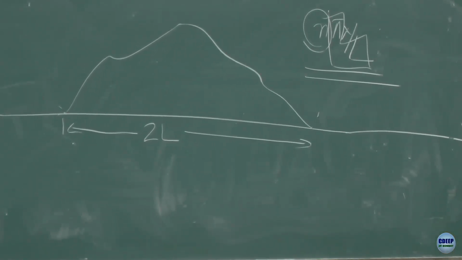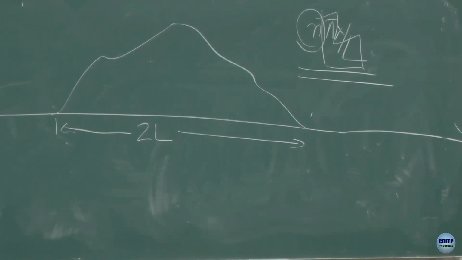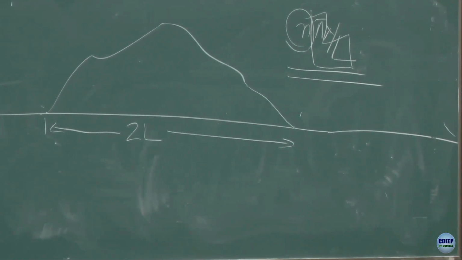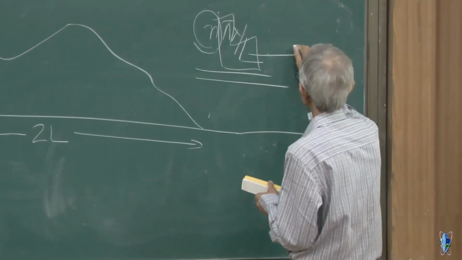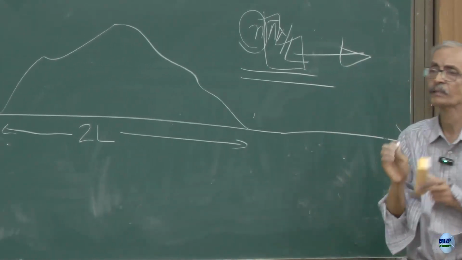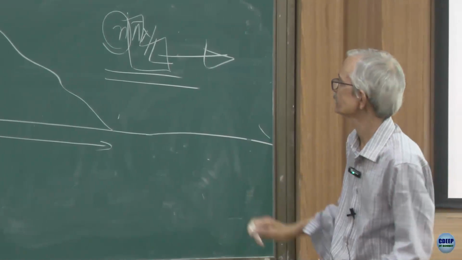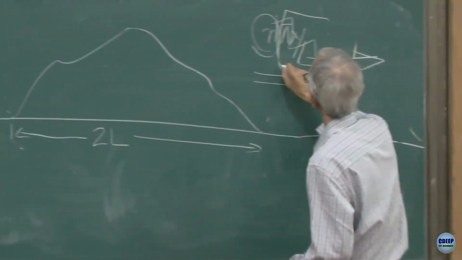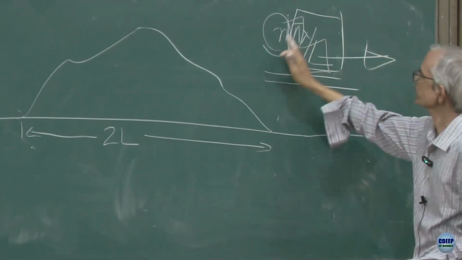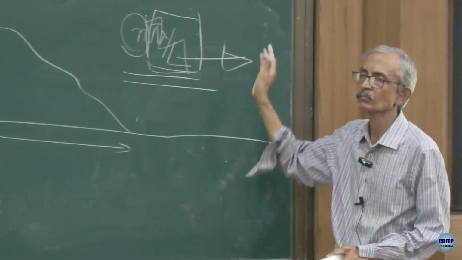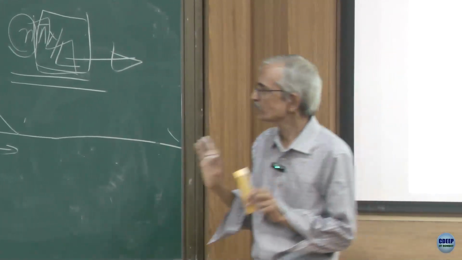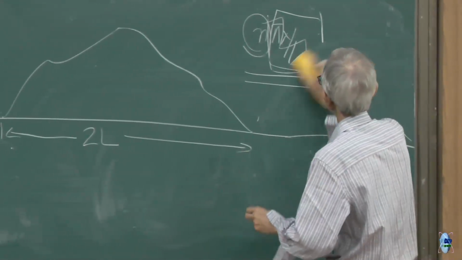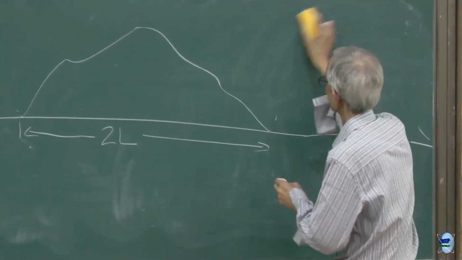What is the frequency? 1 by L or pi by L. So if my L can be increased, then this number becomes smaller and I can have a larger number of frequencies. We'll understand this a little bit because we are going to do this quite a few times now.